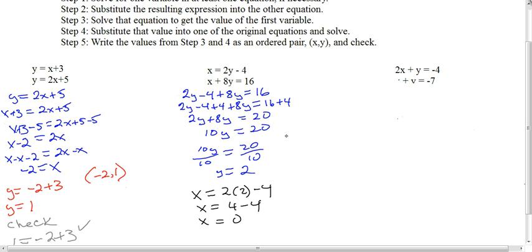So okay, our ordered pair here is (0, 2), and we'll go and check it to make sure that we've gotten the right thing here.